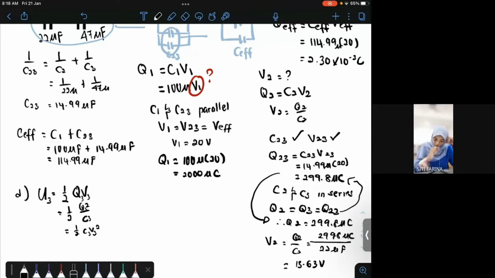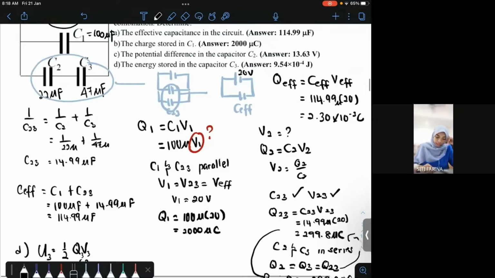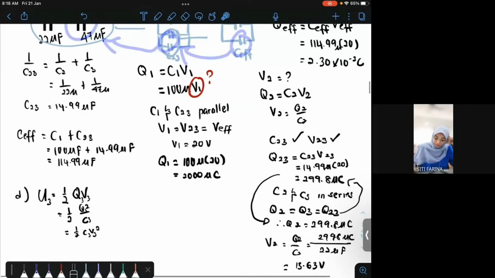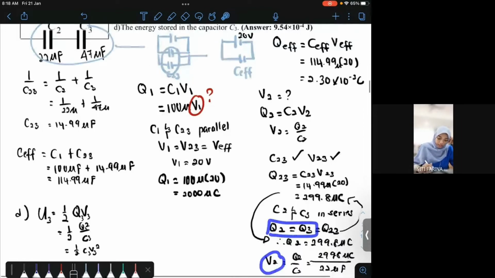Okay. So now at this particular point, kalau kamu tengok, kita dah buka semua circuit kita. Kembali ke sini. So now up to the last step yang kita buat untuk cari V2, kita dah buka C23 yang kita simplify tadi. So sekarang almost we have all the information sebenarnya.